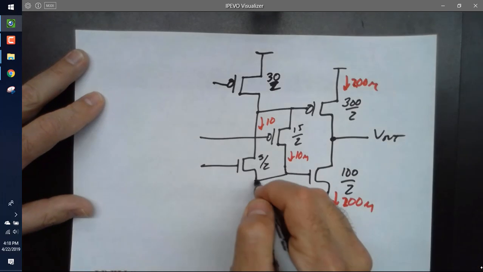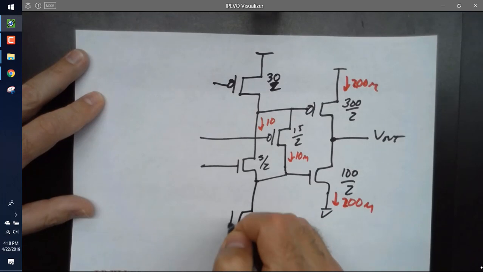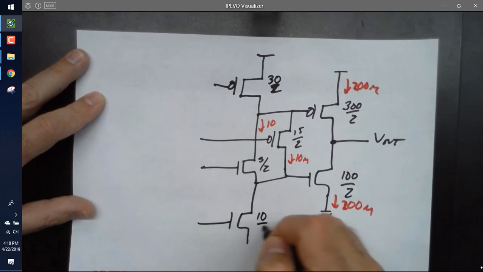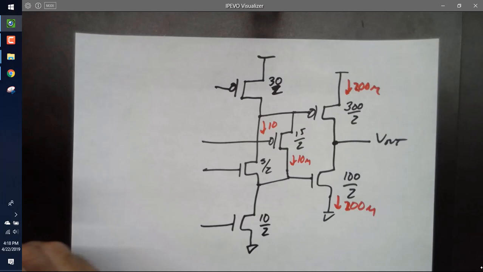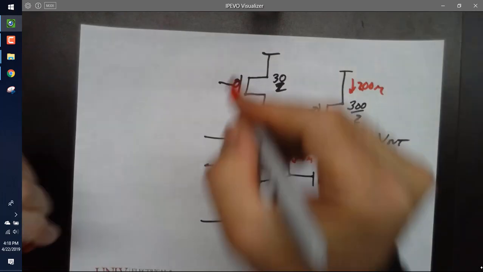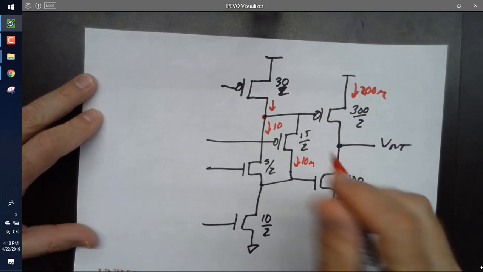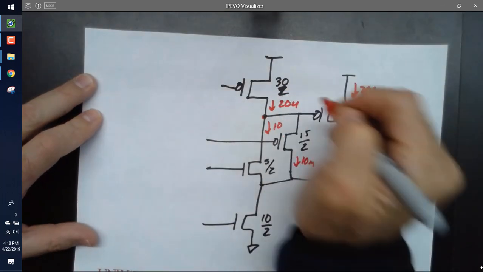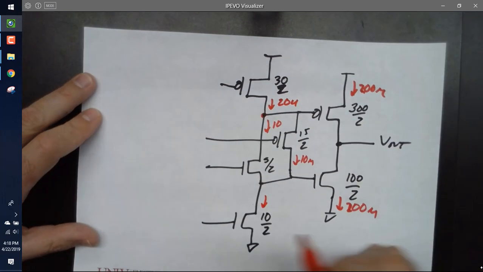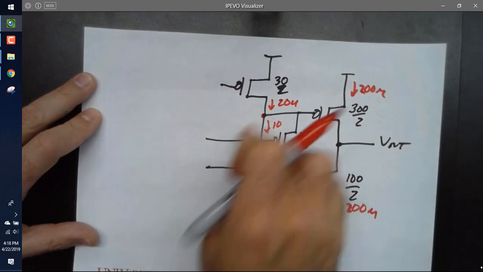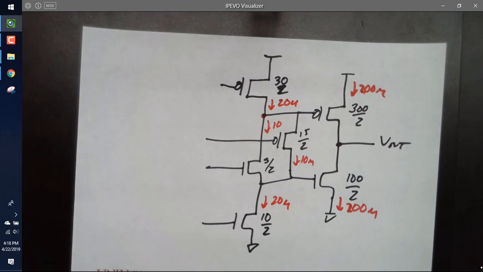Okay, and then here I'm going to come down here and I'm going to put this as a 10/2. And then I'm going to ask you, what is this current? 20. And this is actually called a floating current source, and we're going to talk more about that in a little bit. But before I move on, does everybody understand the biasing? Does it make sense?